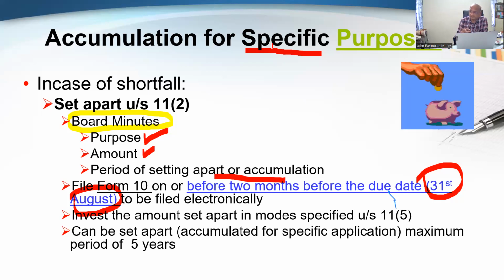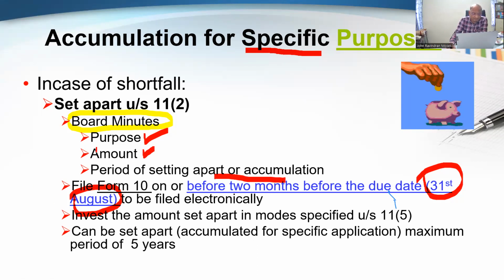But instead of applying 85%, you applied only 60%, so that you can save that 40% also for the building. In which case, your special drive of collection or setting apart will not be helpful unless your accounts are ready. So please try to complete your accounts and get them audited well before 15th August so that we know where we stand and then the filing of the forms can be done without any difficulty.